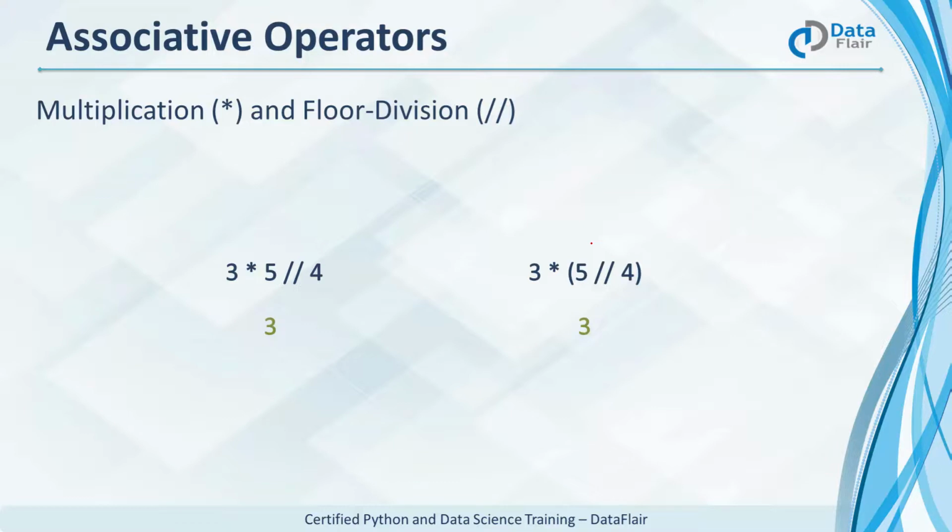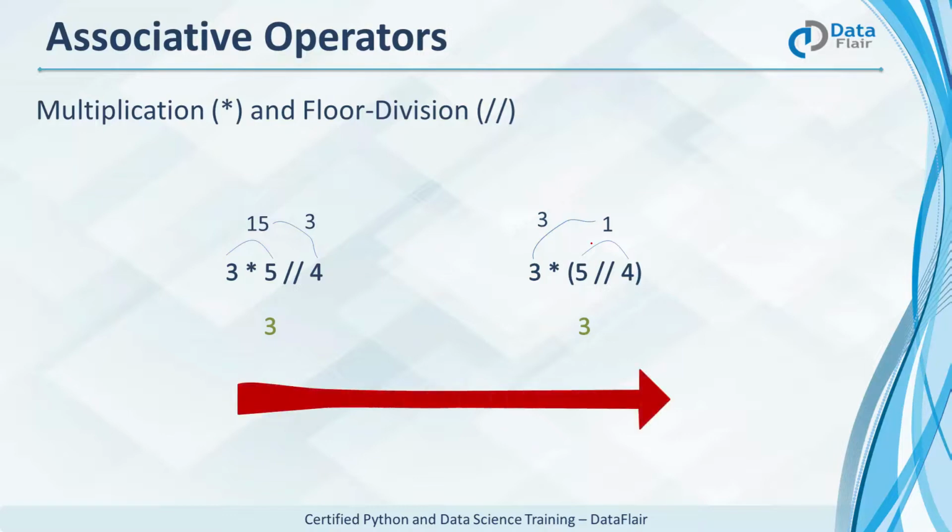Both give us 3, but in different ways. Let's see how. 3 multiplied by 5 is 15. 15 floor divide 4 is 3. Here, 5 floor divide 4 is 1 and 3 into 1 is 3. These operators associate left to right, evaluating the left operand first.